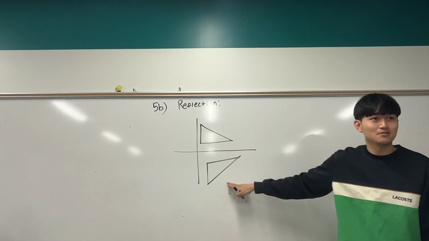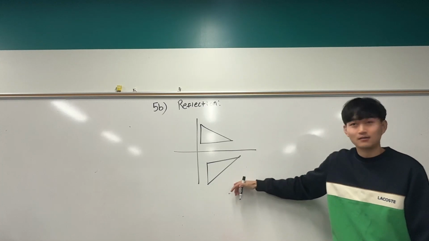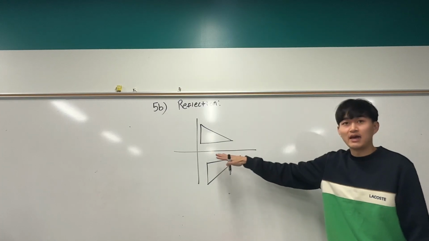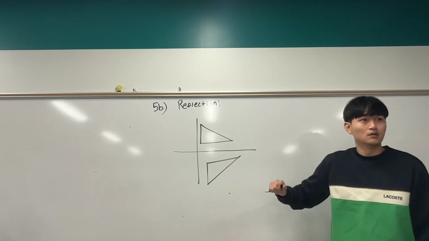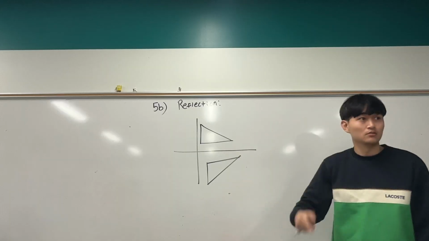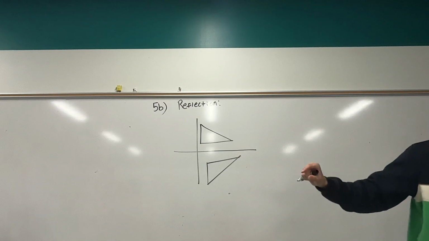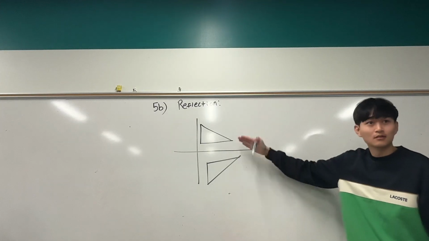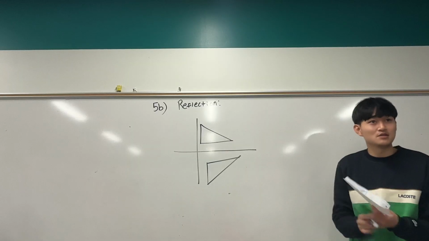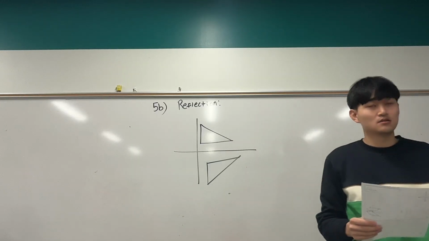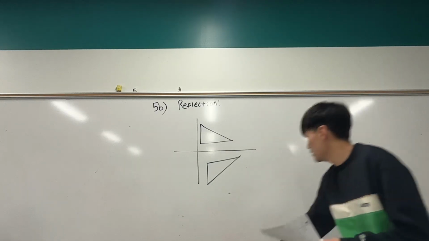You guys see the difference? It's like flipped, right? Is this flipped across the x-axis or y-axis? X, right. So this is a reflection across x. You guys see how it's flipped, right? So there's a difference. It's reflecting. Yes? Okay. I just wanted to cover that.